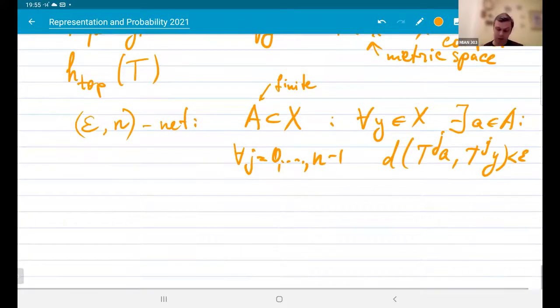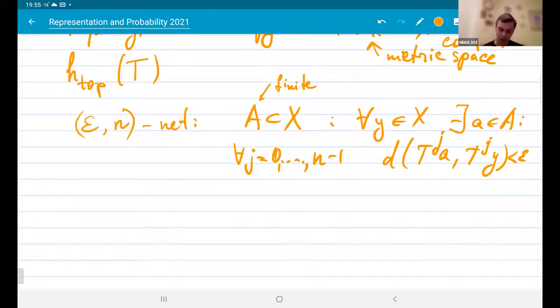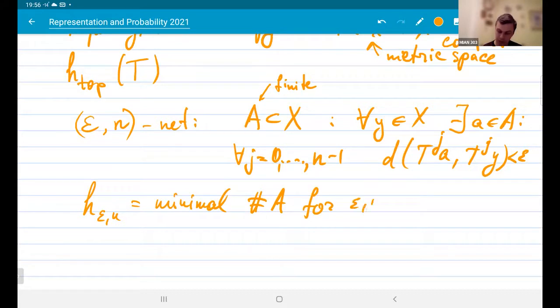So let us consider the following. Let h(epsilon, n) be the minimal number of points of an epsilon-n net. Among all these nets, there is an optimal one with the least number of points.